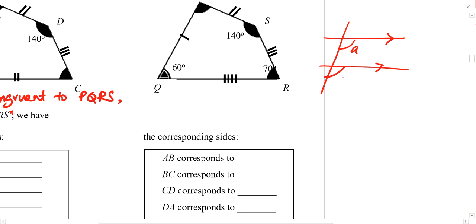We call this A and B. Angle A is equal to angle B, corresponding angles, parallel lines. I hope you remember this. So you see that angle A and B have the same value. They have the same type of shape also. They are formed by this and this. So we call them corresponding.